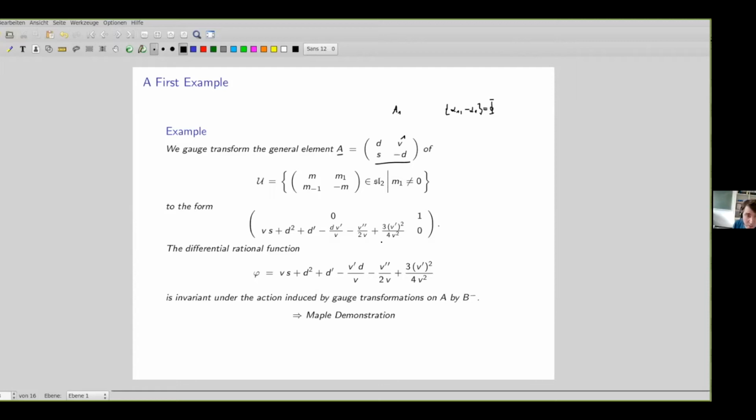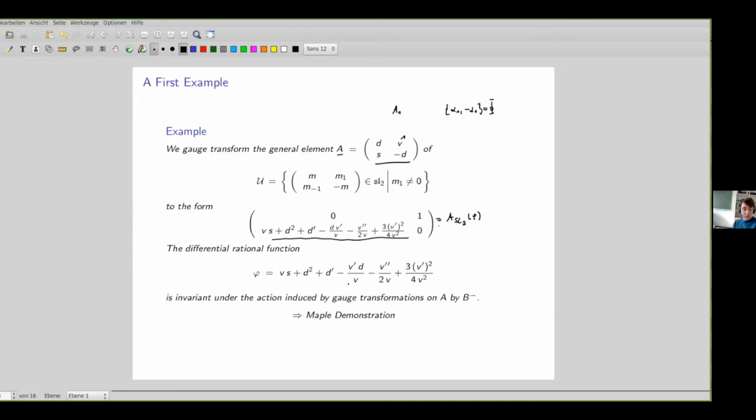And then you gauge transform with a root group element corresponding to the negative simple root to get rid of the component in the Cartan subalgebra. And what you get is this matrix, and this is in SL2. Here I write phi because now I define the rational function phi as the entry here.